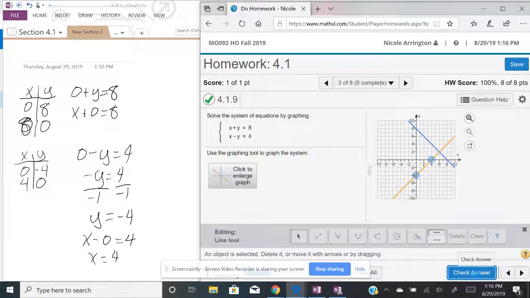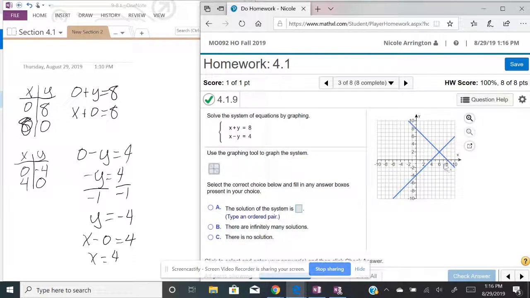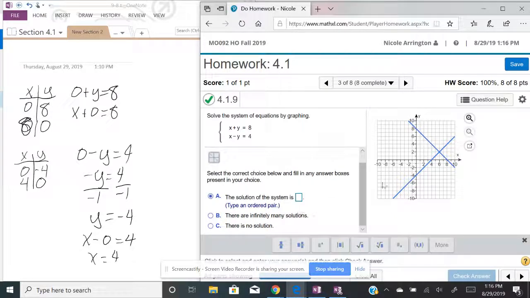And then you'll check that answer to make sure you graphed correctly. Once you graph correctly, you can read on the graph where the lines meet. Where those two lines meet, you have to be able to find that solution, and so you would read off the x and the y.